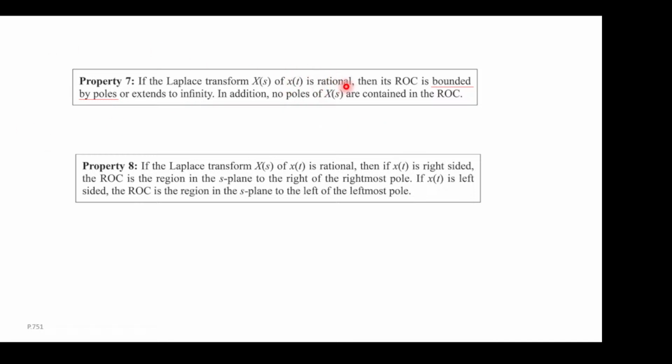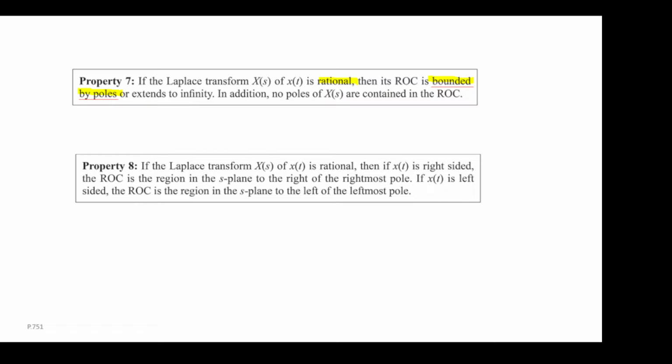So we are back to the case where our x of t is rational, and we say our ROC is one strip, right?